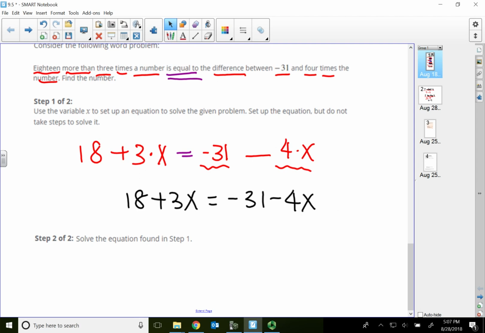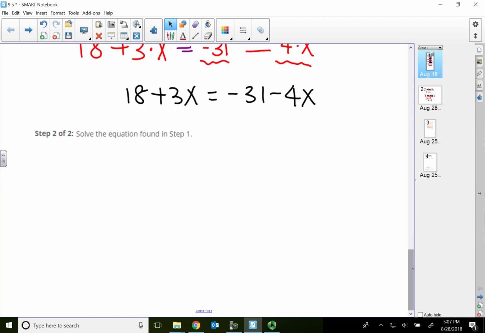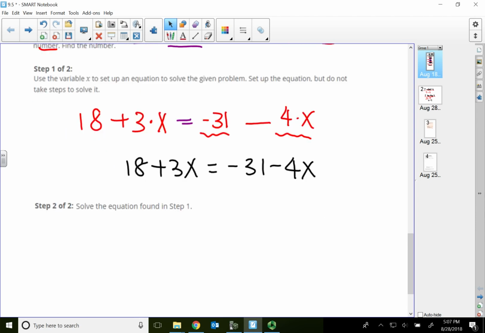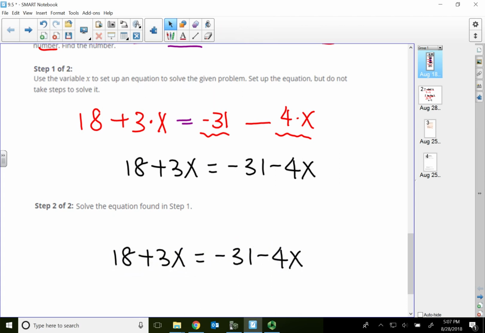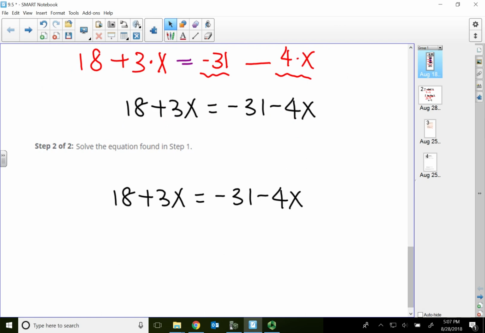So now I'm just going to paste it right here for step 2 out of 2, so I can solve it here. No parentheses, none of the four terms has parentheses. No like terms to combine on each side, so let's move them. As you can see, positive 3x is bigger than negative 4x, so I will move negative 4x to the left side.